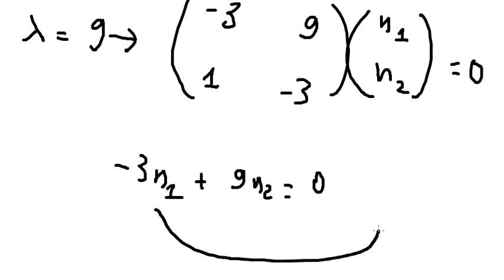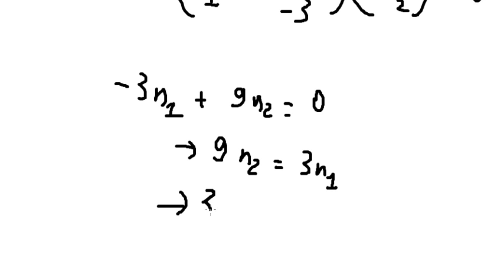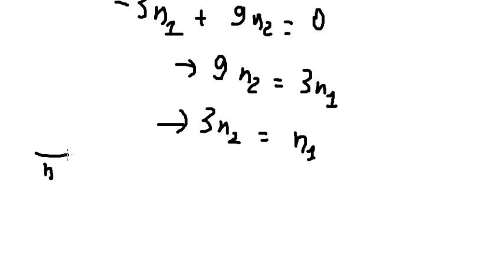So I will put this one to the right. Now we divide both sides by number 3. So we have the second vector in here.